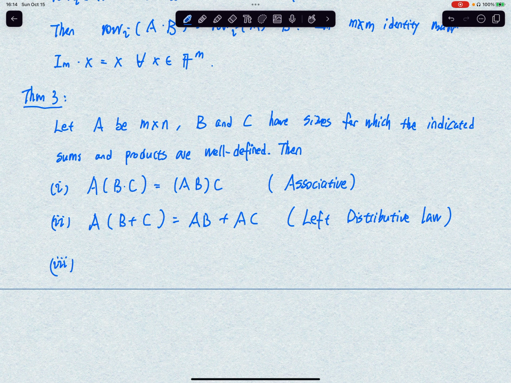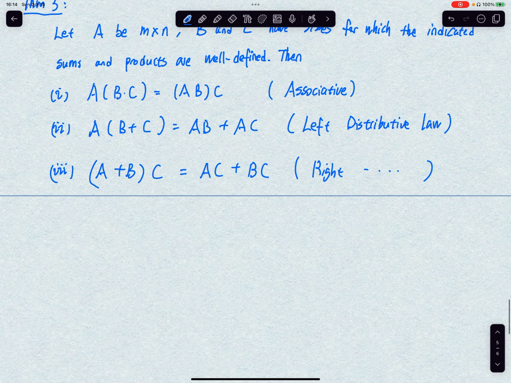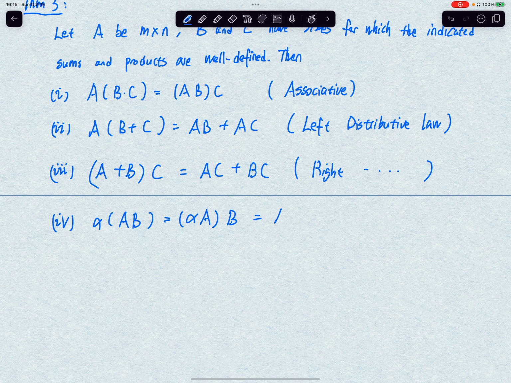And in contrast, we have the right distributive law. So that is (A plus B)C equals AC plus BC. And also, for scalars, we have alpha(AB) equals (alpha A)B, and also equals A(alpha B), and this shall be true for all scalars alpha.